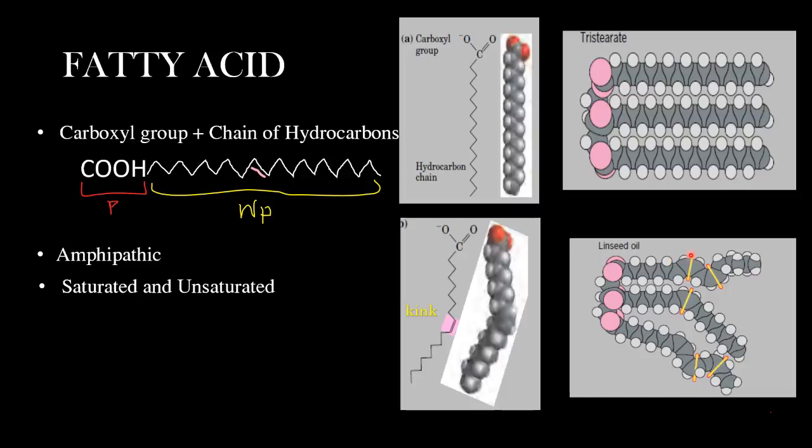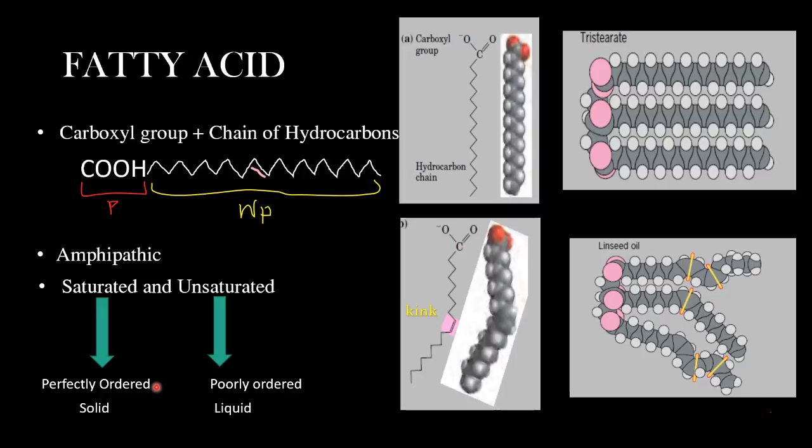We can see the yellow stripes here. These are the kinks or the bends due to double bonds. So the double bond creates a bend, and that bend makes the unsaturated fatty acid poorly ordered. So unsaturated fatty acids are poorly ordered and saturated fatty acids are perfectly ordered.